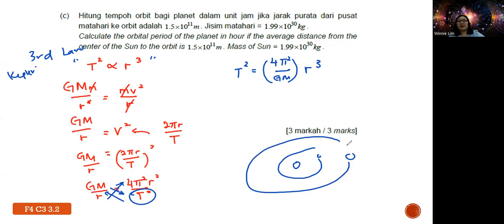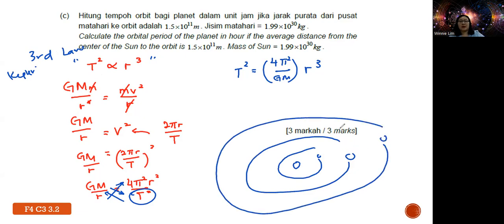So if they are getting further and further, that means their time taken will be also longer. Yeah, so this is the idea of Kepler's third law. Okay, so sorry for the beginning, I mentioned the idea wrongly. So basically, example, this is R1, then your time for T1 will be shorter, and then followed by R2, then T2 will be longer.